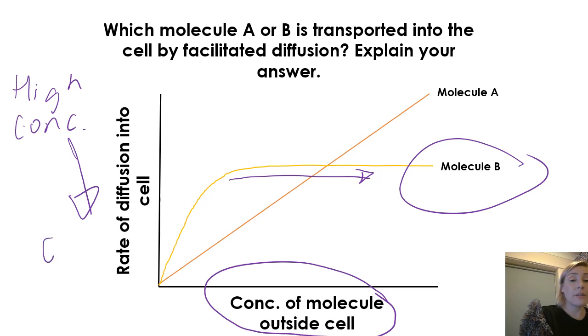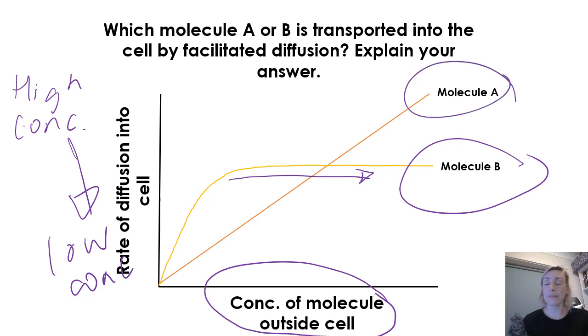So the bigger the difference between the concentration on one side of the membrane and the other, the faster it is. And you can see that's certainly true for molecule A. As we've increased the concentration of the molecule on the outside of the cell, the rate it moves into the cell increases. Now you can probably explain that using your kinetic theory, can't you?